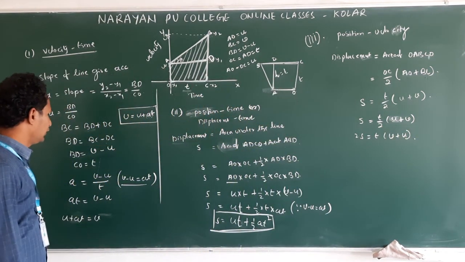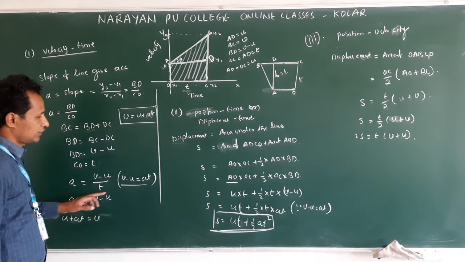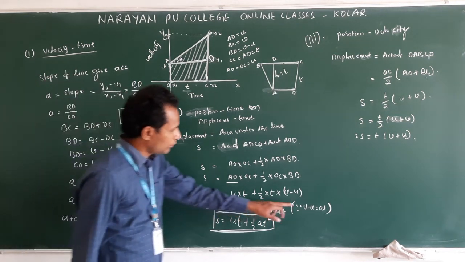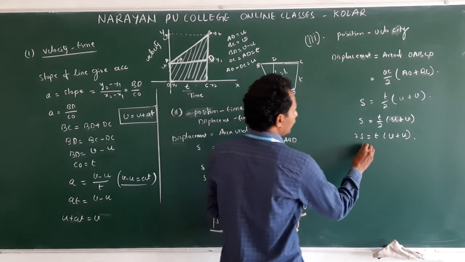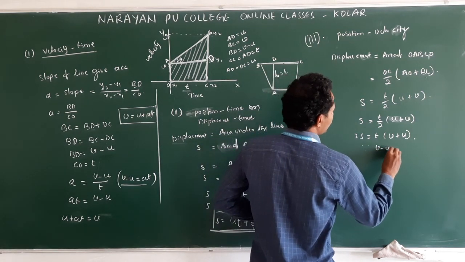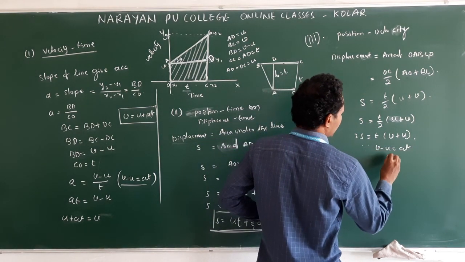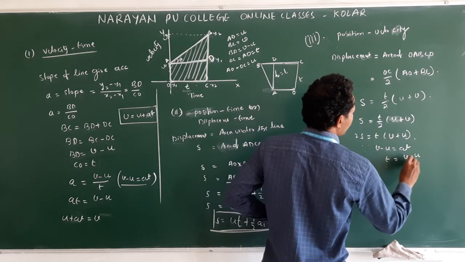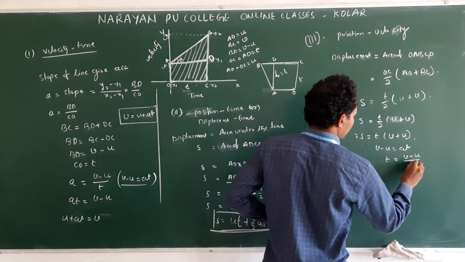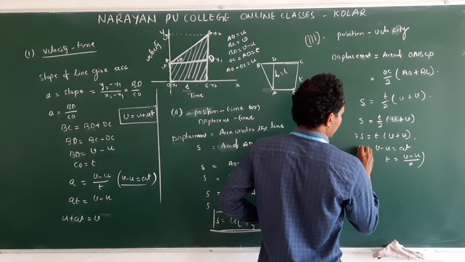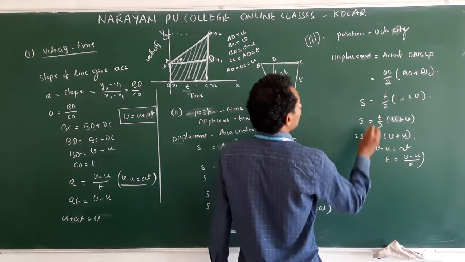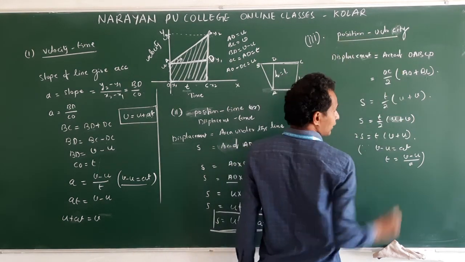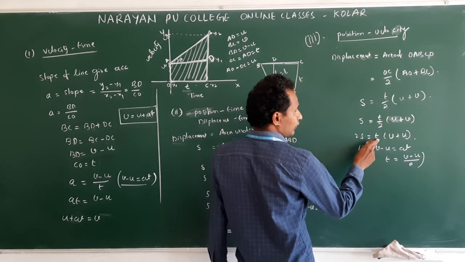Clear? Since v minus u is equal to at, t is equal to (v minus u) by a. This t value we substitute here. We need the position-velocity relation, t is not required.